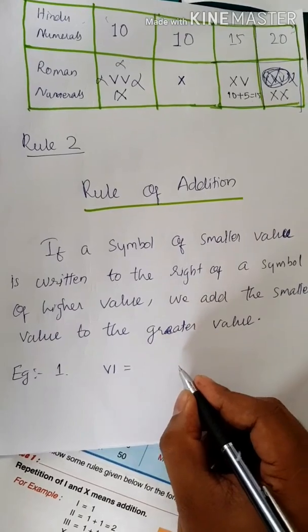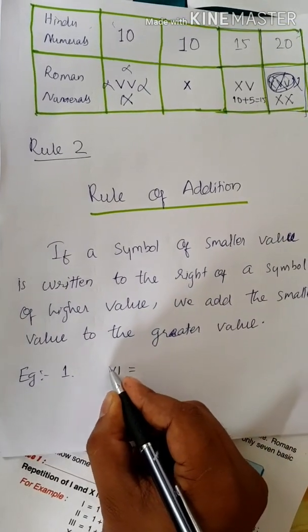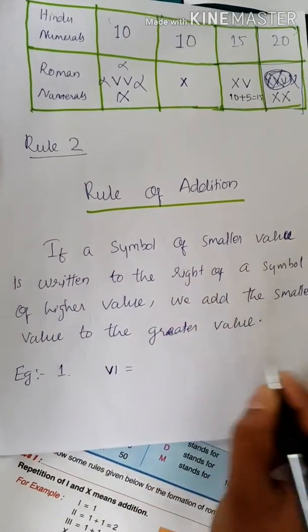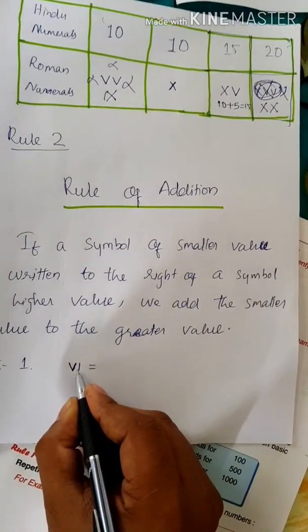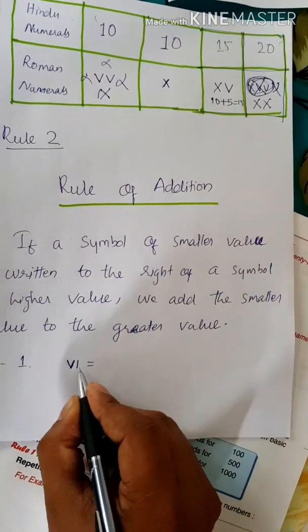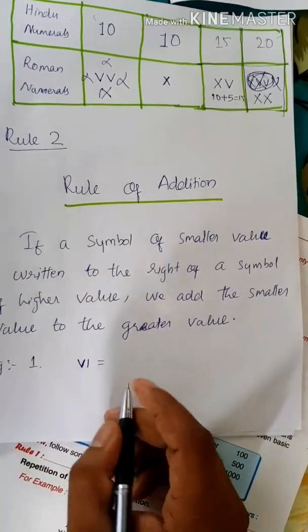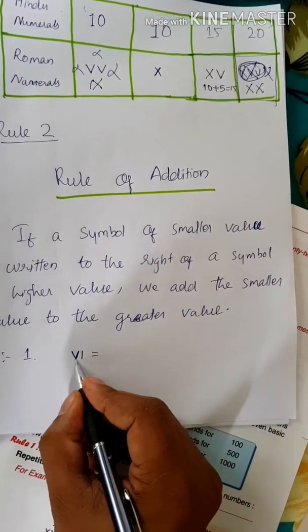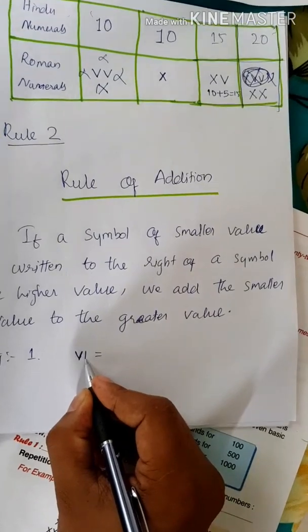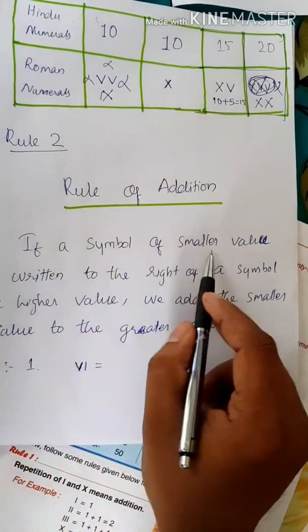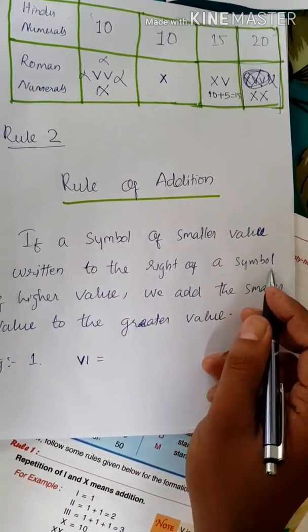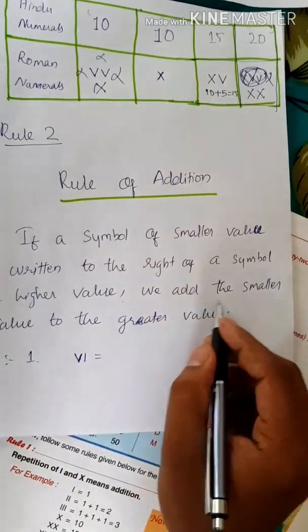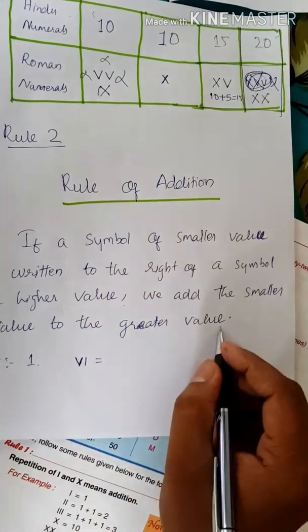You know that V stands for 5 and I stands for 1. So this number is big and this number is small. Here it is given, if a symbol of smaller value is written to the right of a symbol of higher value, we add the smaller value to the greater value.